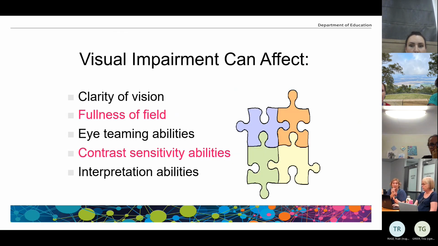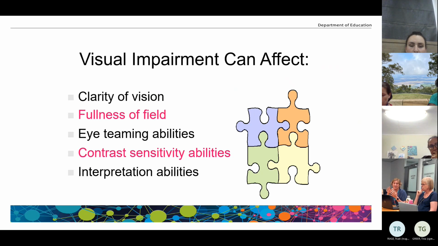Visual impairment can affect clarity, as we saw before, and fullness of field. We can see our periphery, as opposed to some who can only see from the centre, and they may have very tunnel vision, so they may not see what's out in the periphery. Eye teaming ability is the ability of the eyes to work together, so that visual image goes through and they can make sense of what they're seeing.